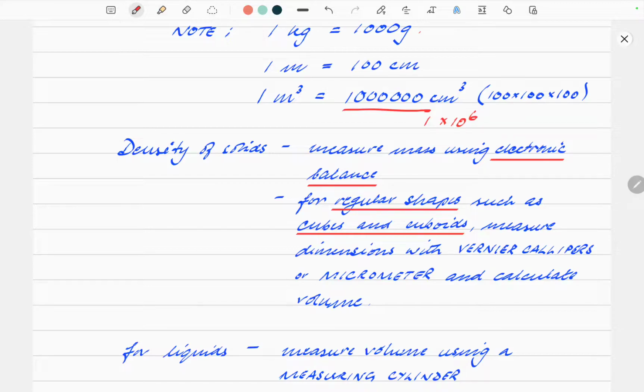If it comes up in something practical oriented, then mention things like vernier calipers or a micrometer for even smaller measurements. Then use length times width times height equals volume. Basic stuff.